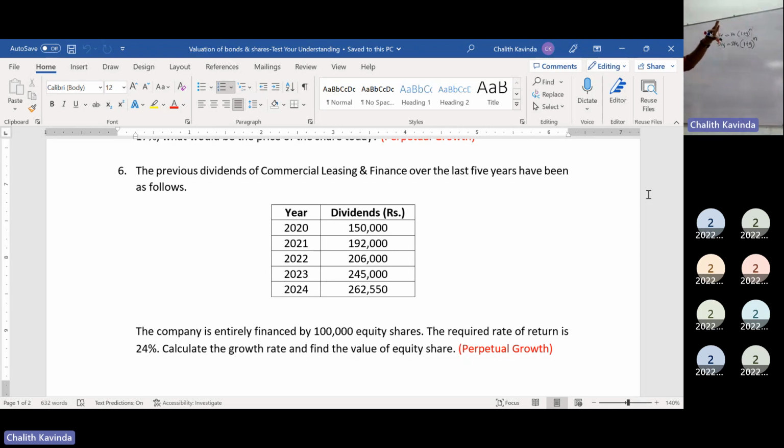Here it says the previous dividends of the company for the last 5 years have been given, starting from 2020 to 2024, which means now we are in which year? The question says previous dividends have been paid: 20, 21, 22, 23, 24.